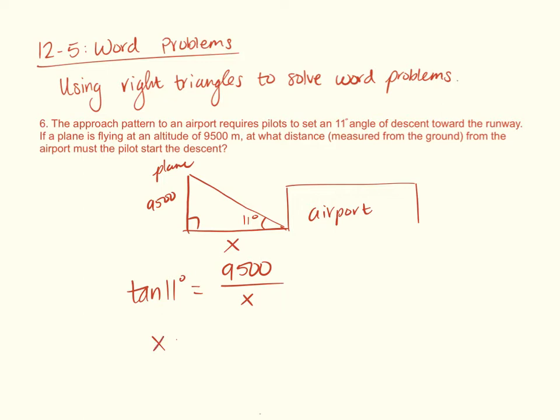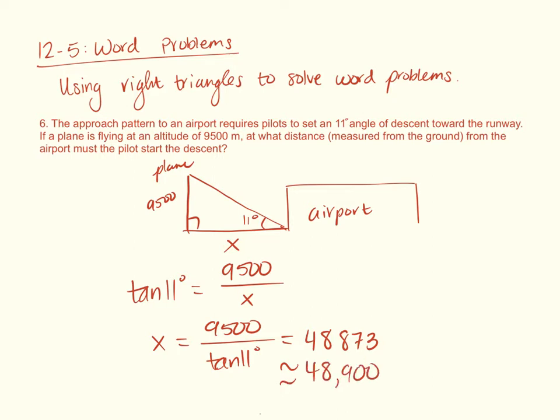So this is x equals 9,500 divided by tangent of 11 degrees, which is equal to 48,873 when we round to a whole number here. Okay, but we want 3 significant digits, so we're going to round to 48,900 meters.